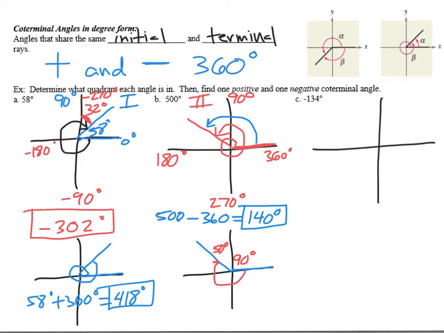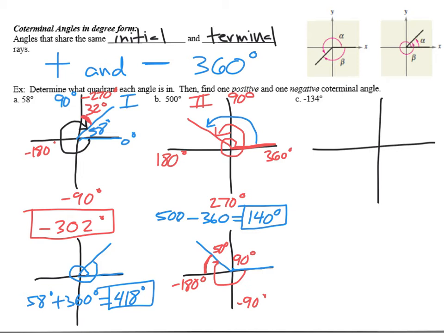So now if I go negative, I'm going negative 90 this way. I'm going to negative 180. That part's easy enough, but then you have this part right here. This is where going negative can get a little bit tricky. How much is left, or how much do we have to go past negative 180?